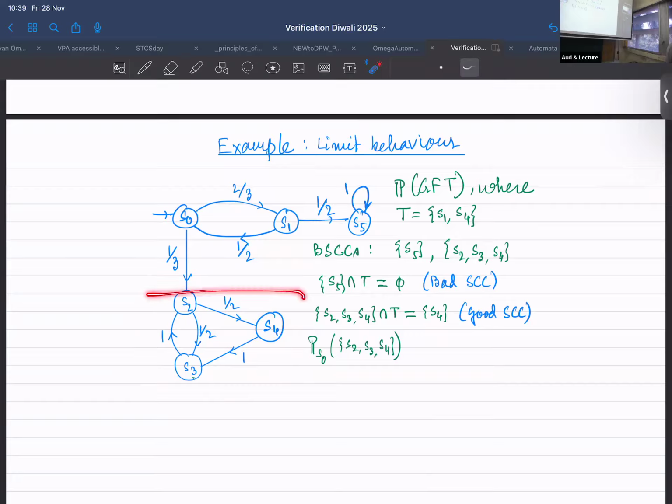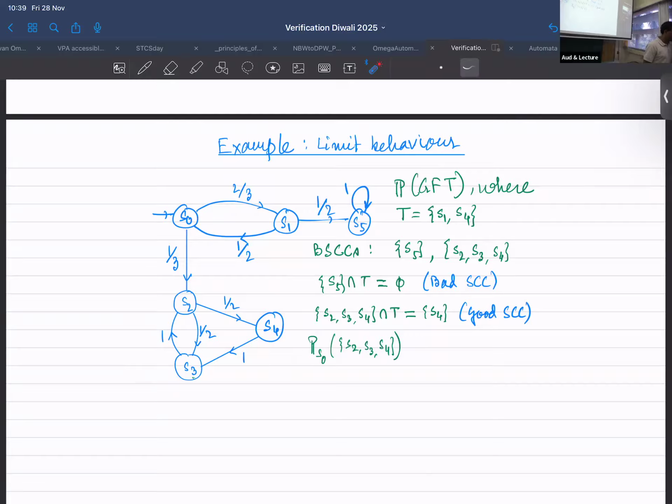So then all I need to see is with what probability I will reach this particular BSCC from S0. So this is like reachability. What is the probability of reaching the relevant BSCC, the good BSCC? Here there is only one good BSCC. Once you reach there, then with probability 1 you are going to satisfy visiting S4 infinitely often.